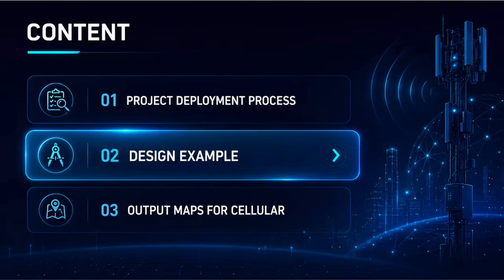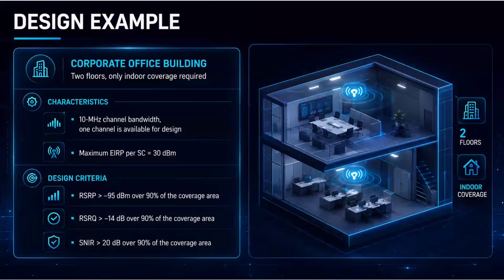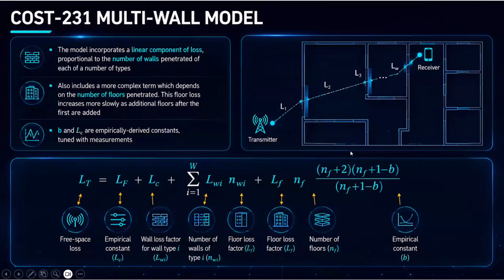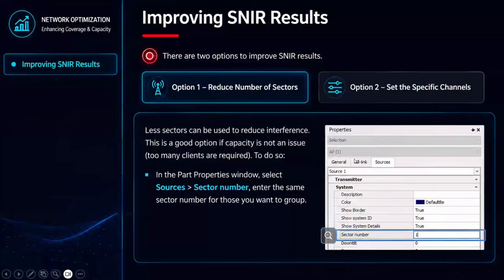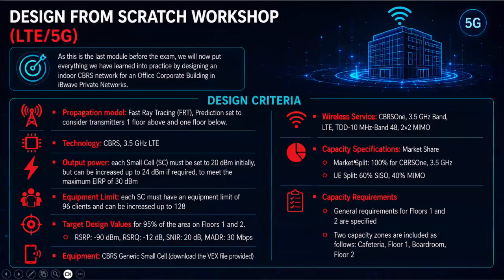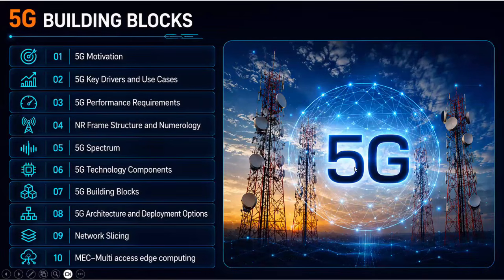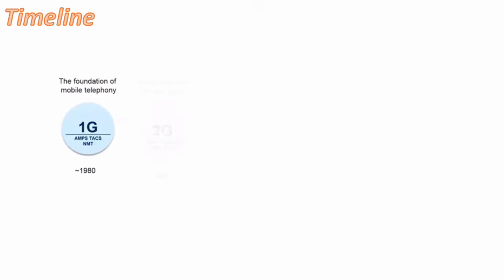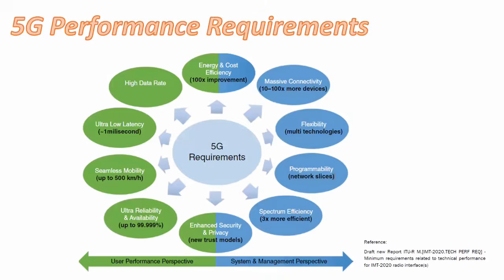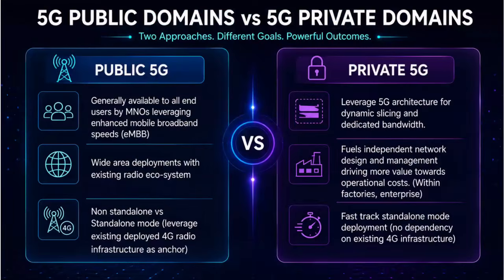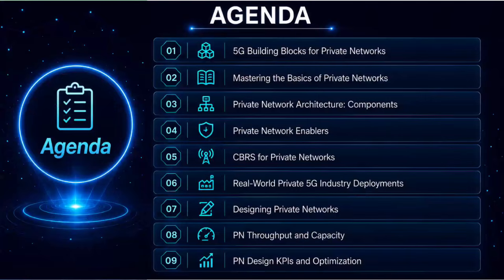Okay. So now let's move to the next topic, which is the design example: how to do a design of private networks in the real world. I think we have already covered too much, so this topic will be covered in the next session. Let's wrap up this session. In this session, we have covered the theory of private network design, but in the next session, we'll talk about real world examples, right?